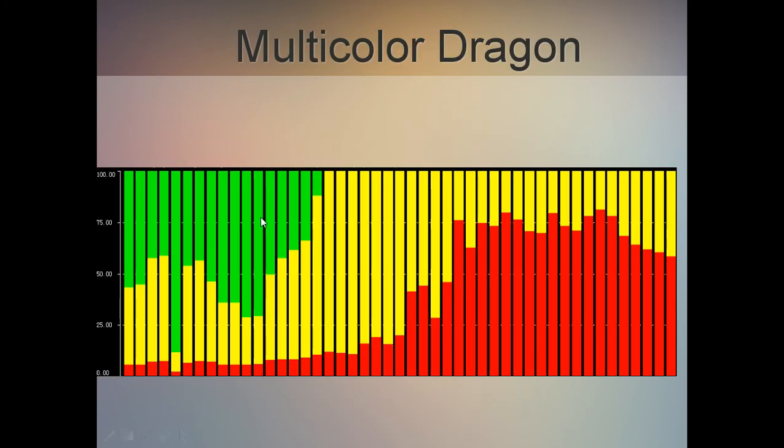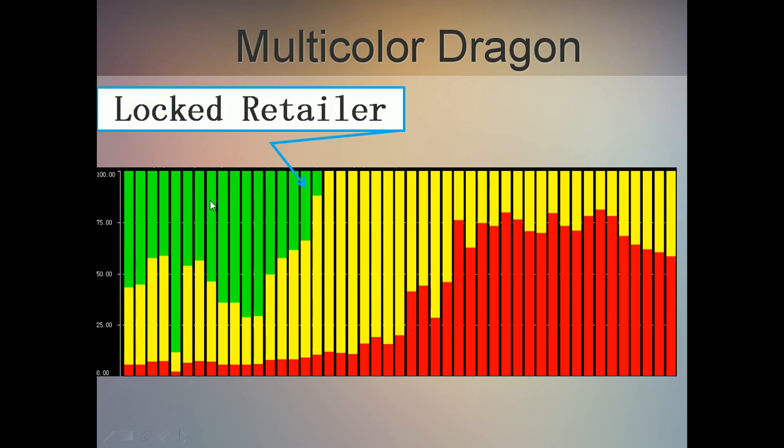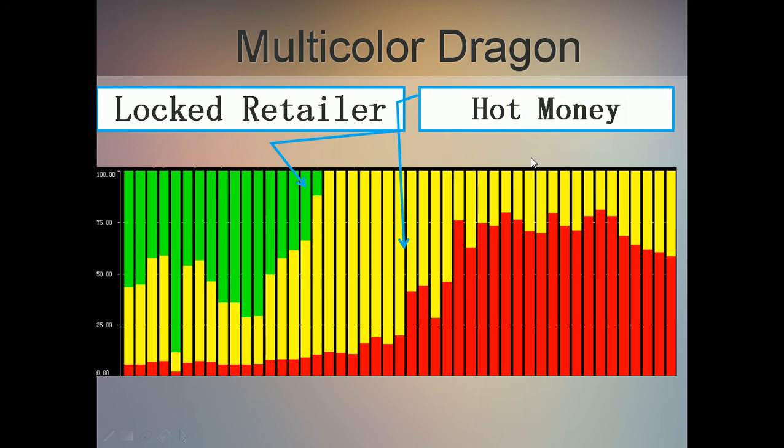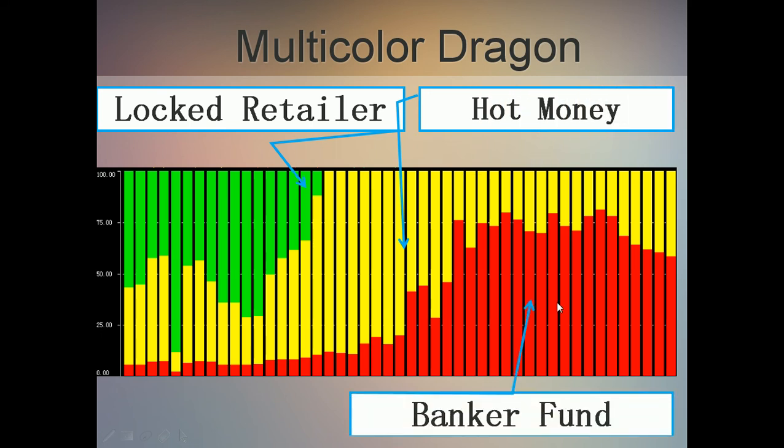So this is the multicolored dragon. You can see there are many bars, and every bar stands for one day. You can see this green area means the locked retailers. The yellow part means the hot money. And the red area means the banker fund.